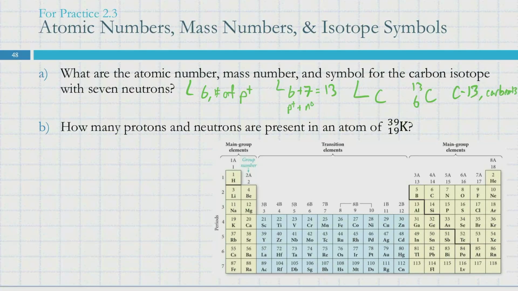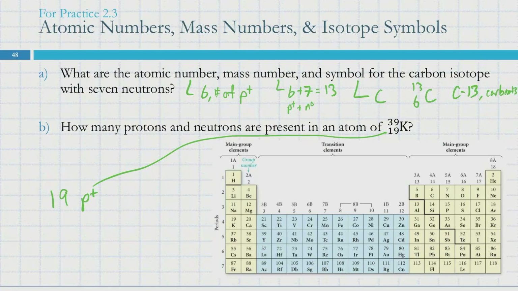How many protons are present in an atom of this symbol? 19 protons. Because that lower number is 19, and that's the number of protons. It's the atomic number. And then the bigger number is our protons plus neutrons. So how many neutrons do we have? 20.